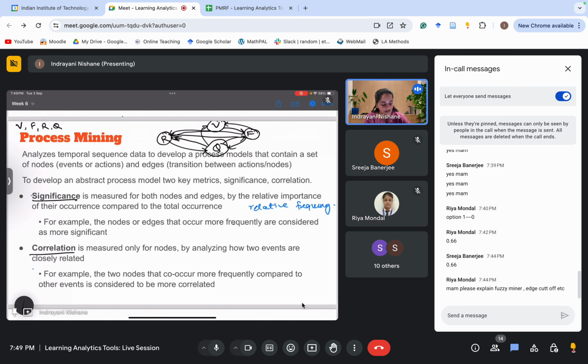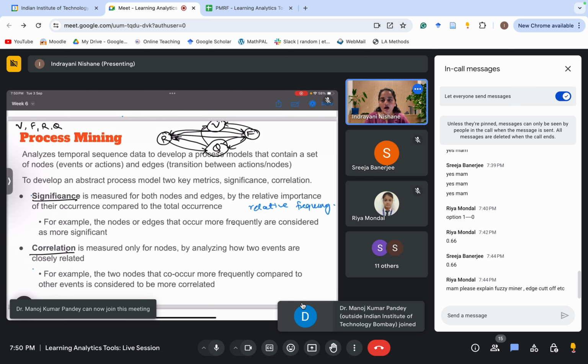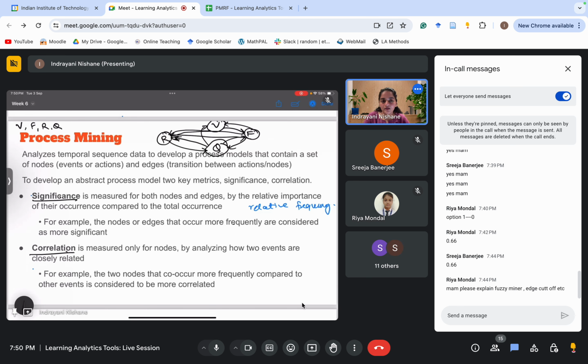Based on these numbers, we decide whether to include or exclude it. Significance and correlation are the calculations which help us decide the cutoff values.